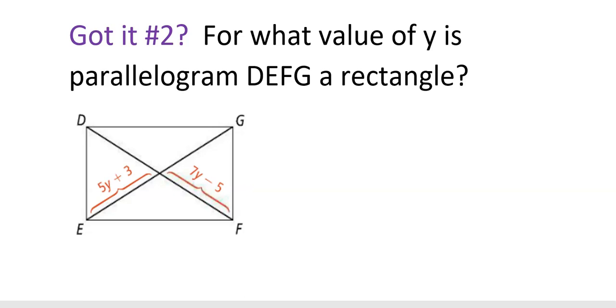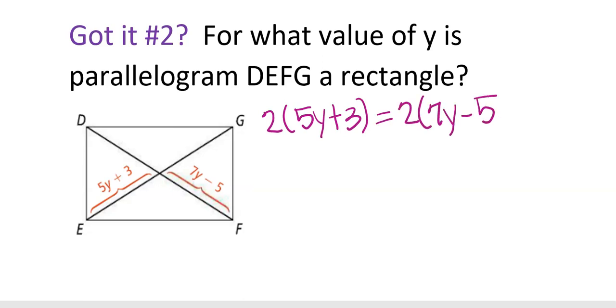So when we look at it, if you want to do the whole diagonal, it would be really 2 times 5y plus 3 is going to be equal to 2 times 7y minus 5, right? But if they're both doubled, could we just say 5y plus 3 equals 7y minus 5? Because your 2's are going to divide out anyway. If we divide by 2 right away, it cancels those. So they really are two things that are equal.